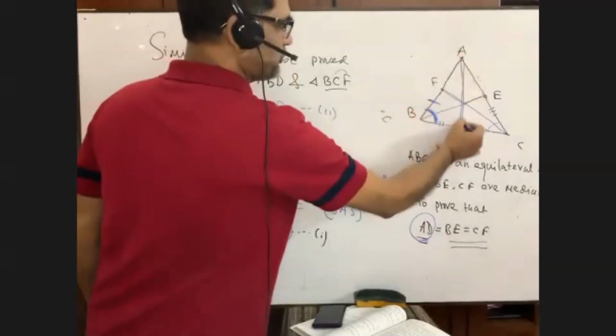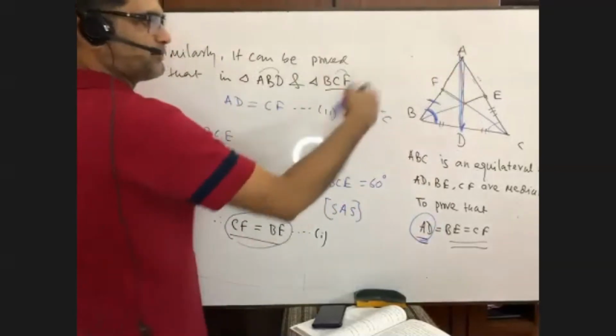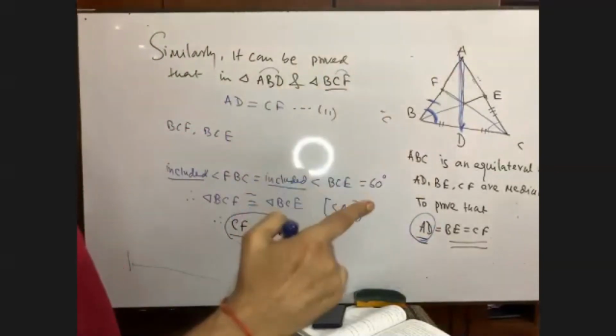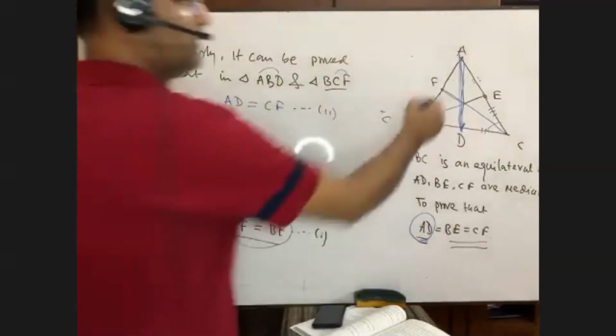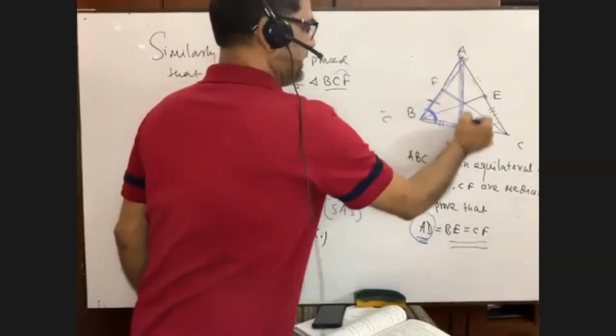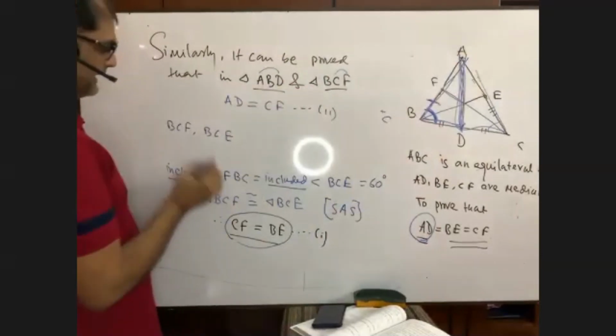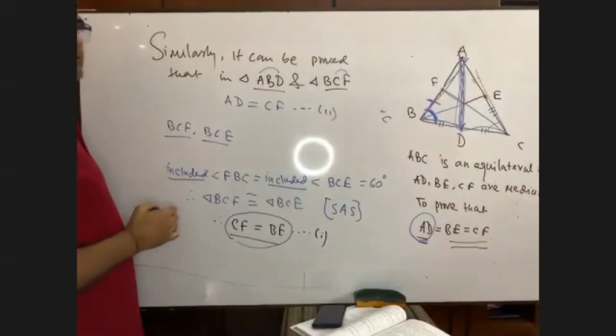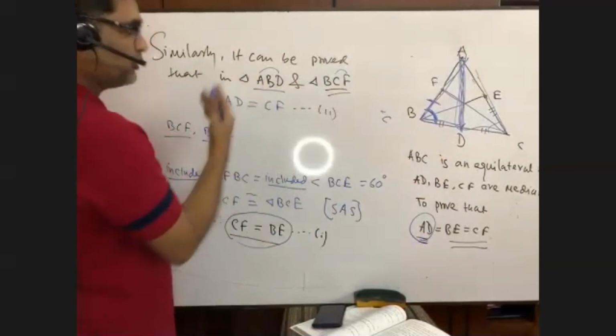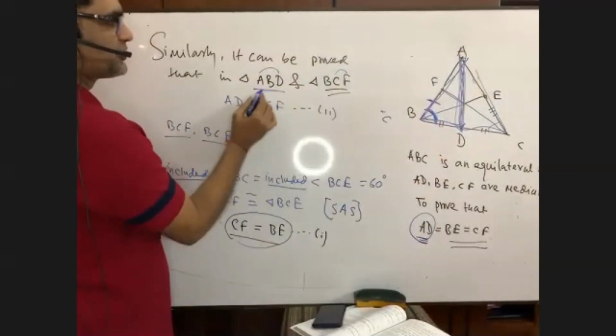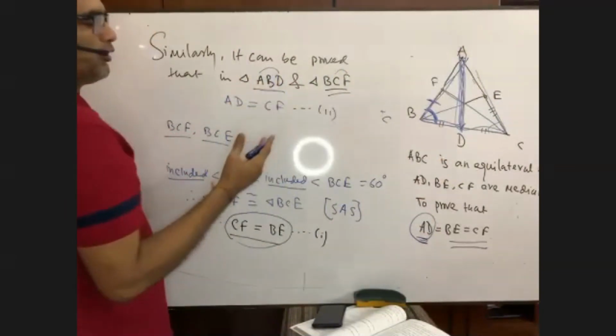Taking AD, we have two triangles, ABD and ACD. I have taken ABD, suppose, and any of these two triangles is to be taken, BCE.